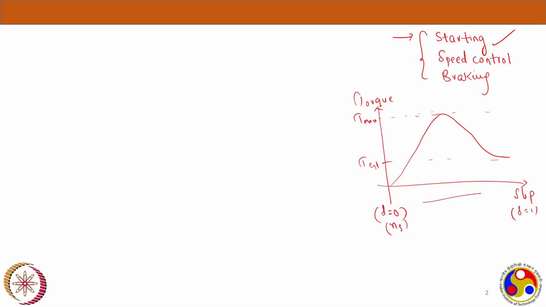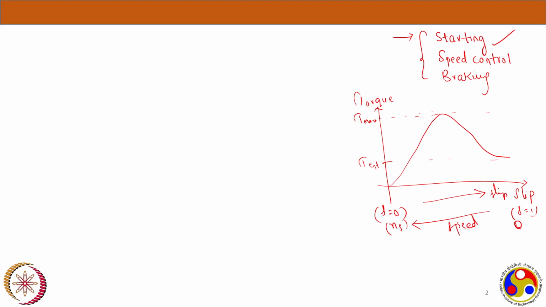Now as we move from left to right, you will see an increase in the slip, so there will be a decrease in the speed of the rotor. When s is equal to 1, what is nr? nr will be 0. So from left to right slip increases, and from right to left speed will increase.